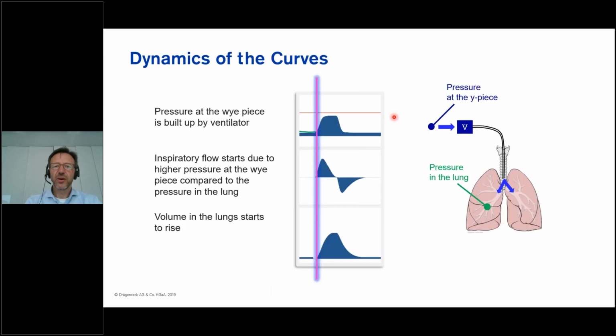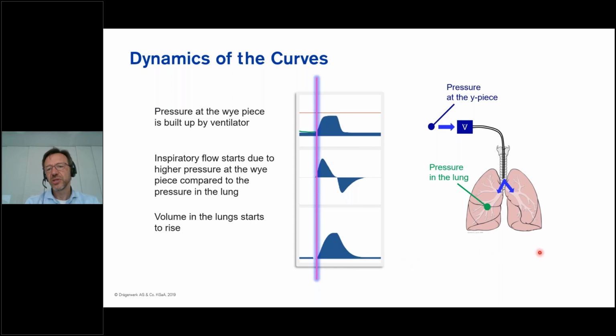So let us come now to a small exercise to learn more about the relationship between pressure, flow, and volume. In this example, we will go through one respiratory cycle. We are currently at the beginning of an inspiration where the cursor line is displayed.